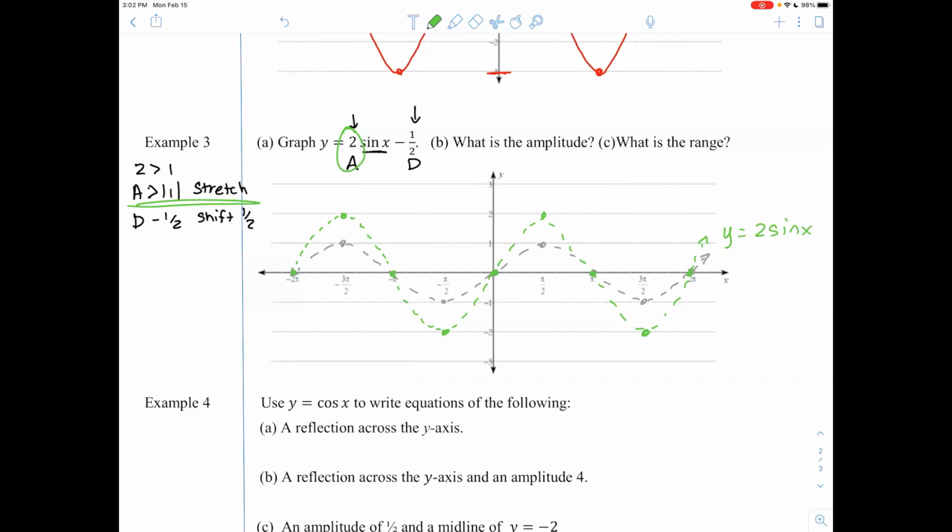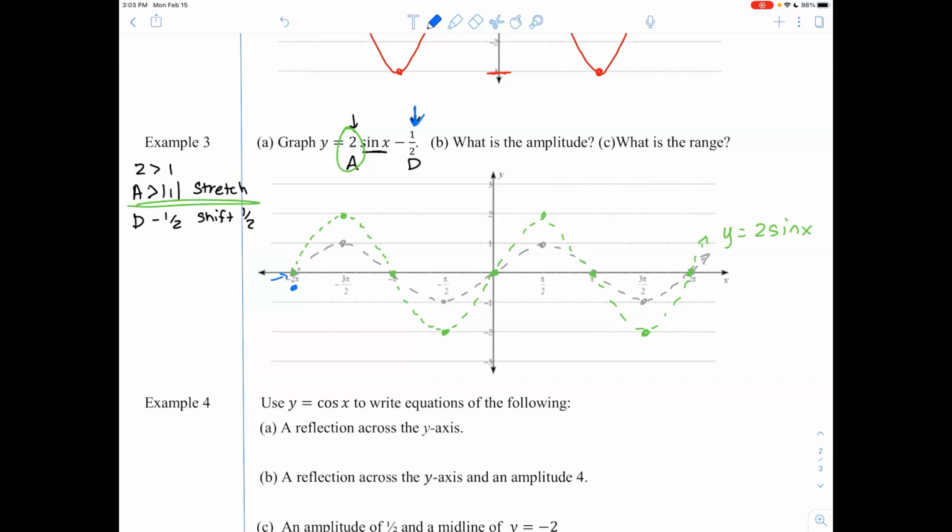So that's my first transformation, and then I'm going to take my blue pen and shift all of those points down 1/2. I'm going to take all of my y's and subtract, because it's a vertical action, so you push your y coordinates down 1/2. Here I'm at y equals 0, down 1/2 is -1/2.